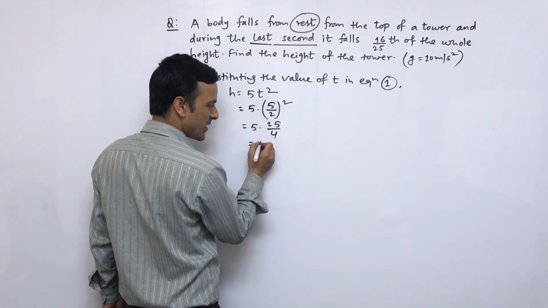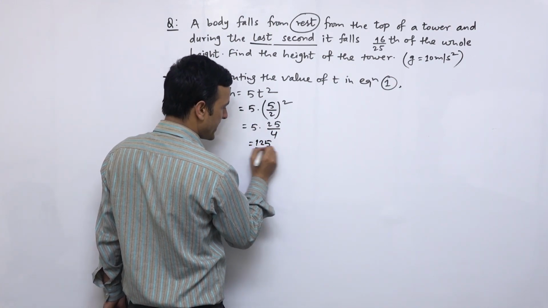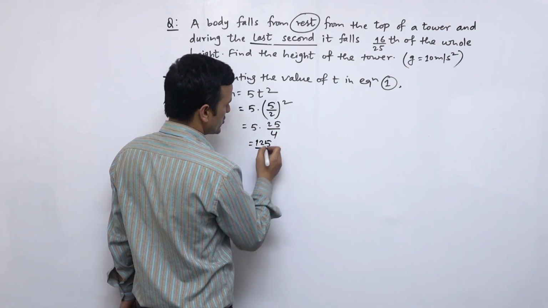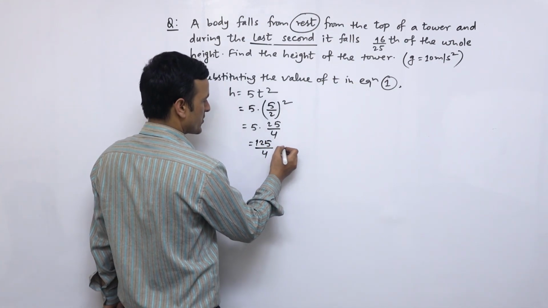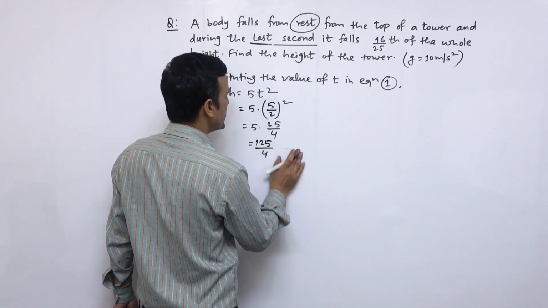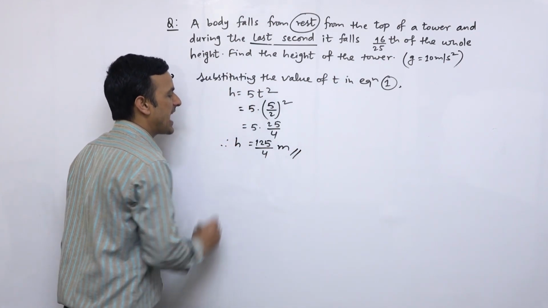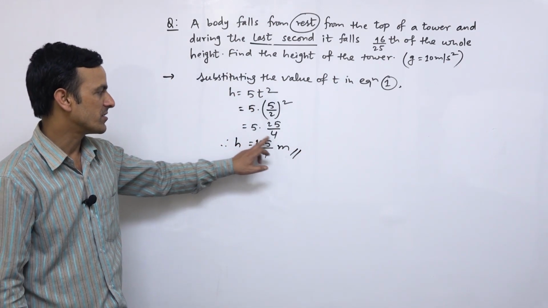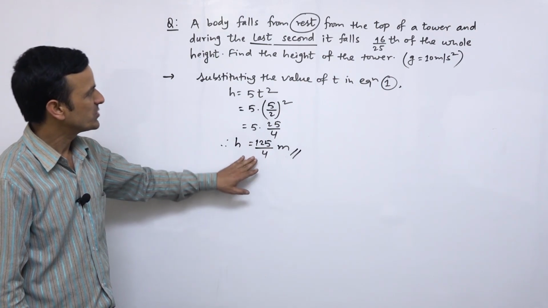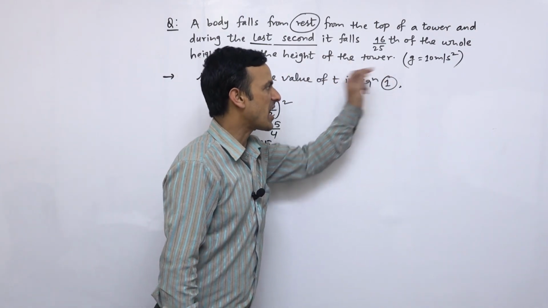So 25 into 5 means 125 divided by 4. So this will be the height. So our total height of this tower is 125 divided by 4. So this is the height of the tower.